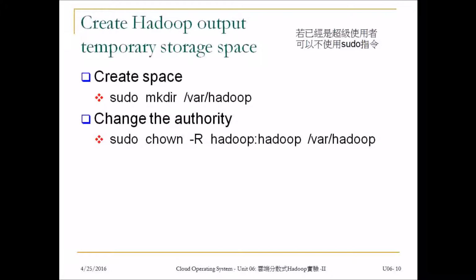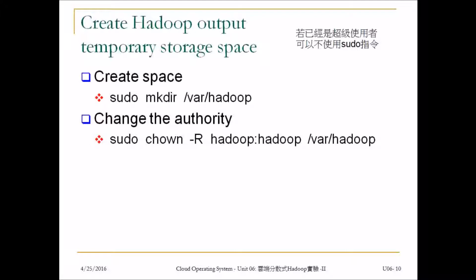Since the Hadoop or MapReduce procedure will output some temporary files, no matter the MapReduce result or the final report, we have to create a Hadoop output temporary storage space for the Hadoop or MapReduce procedure. First, we need to create a new storage space for the temporary files or information.